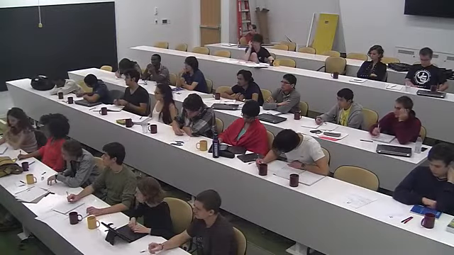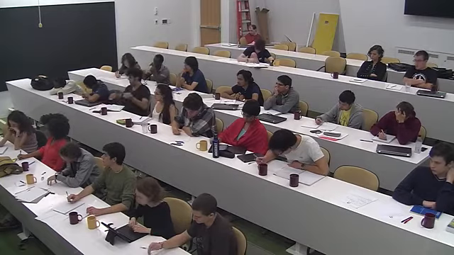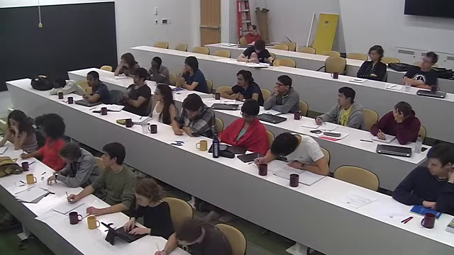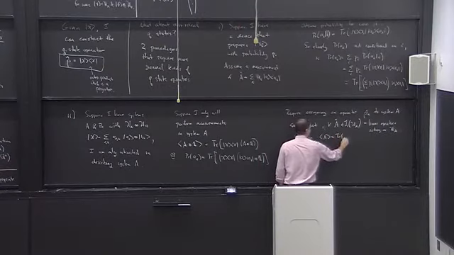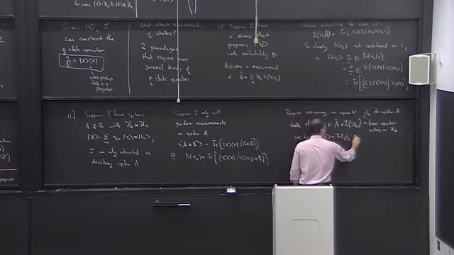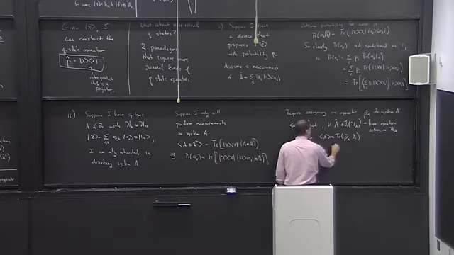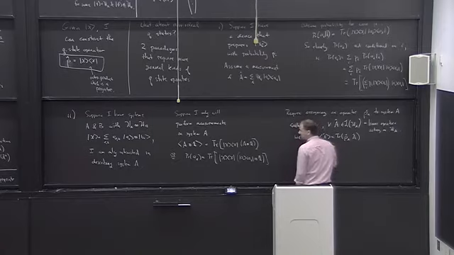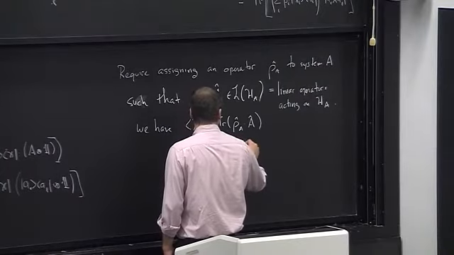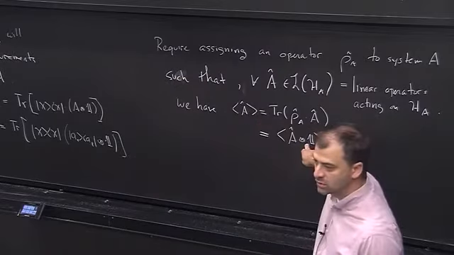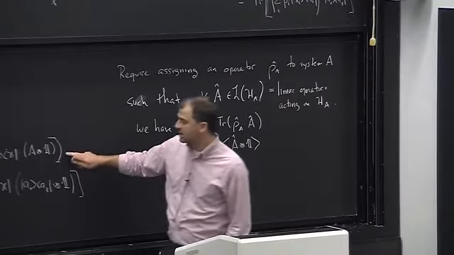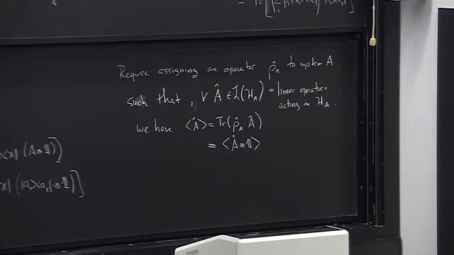So such that for every observable A, we have that the expectation of A, given by the trace of rho A against A, is equal to this expression here, A tensor identity, where implicit in this notation is this right-hand side here. All right, so let me call this star.